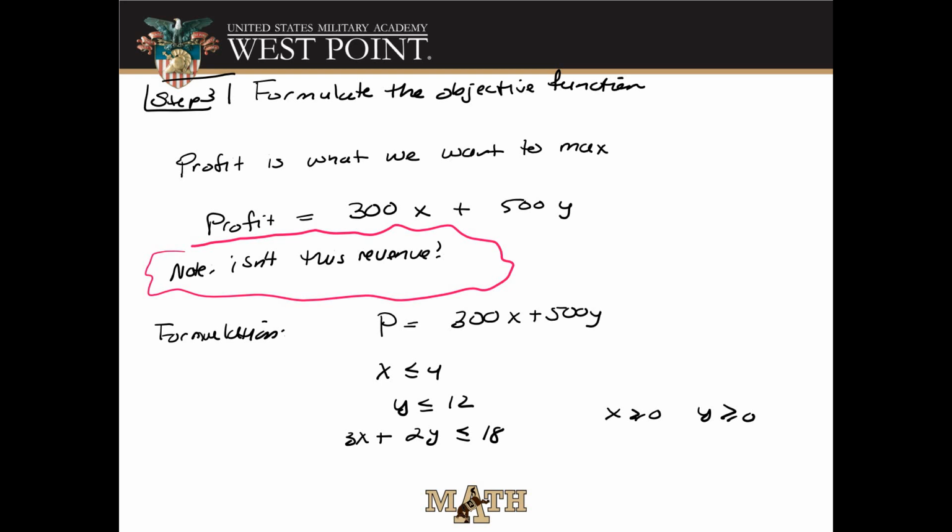I can slide these things around, and I'm looking for that sweet spot of combinations of x's and y's that will give me the maximum value for p over this constrained region. That's what you're looking for. But that's the full algebraic formulation. You don't have to solve it. They're not going to show you how to solve it. They just want you to set this up. And then you're going to use Excel to solve it.